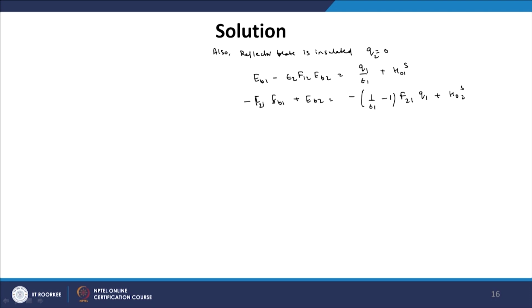Most of the terms in these two equations do not depend on anything specular except H naught 1 and H naught 2. Okay. So, what is H naught 1 S and H naught 2 S?